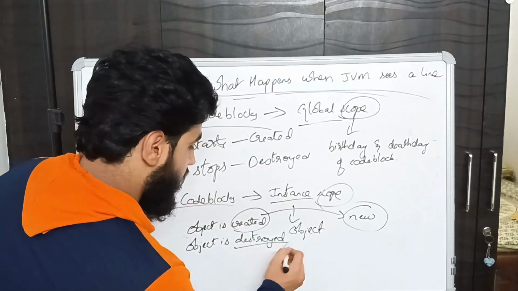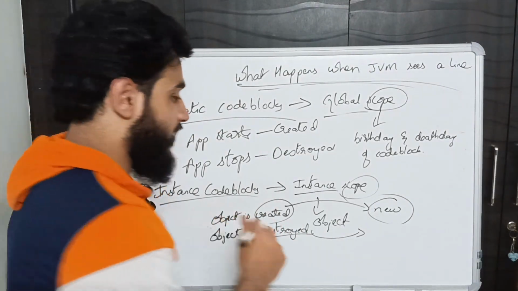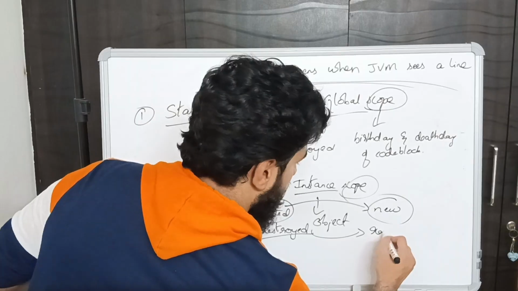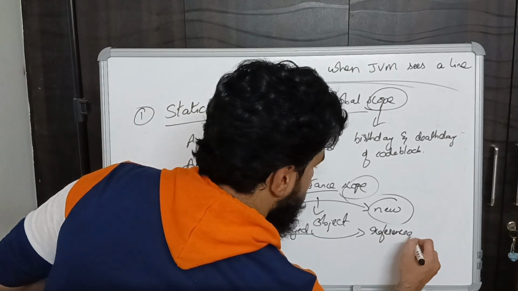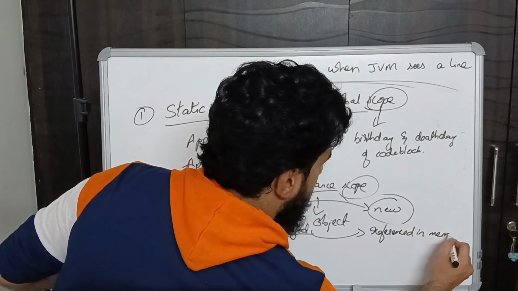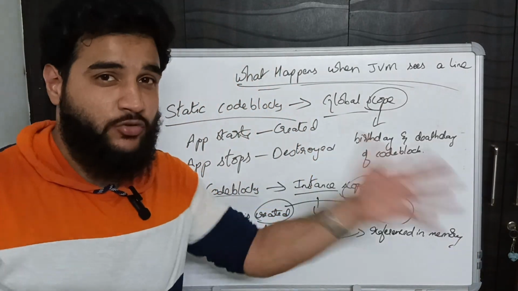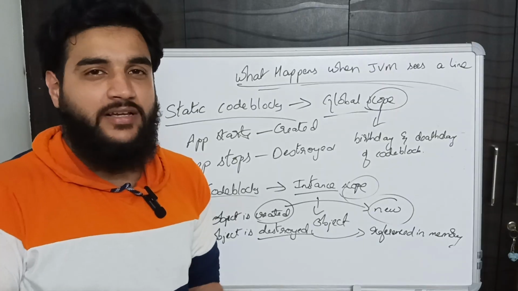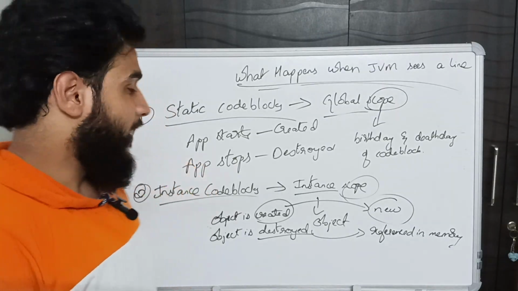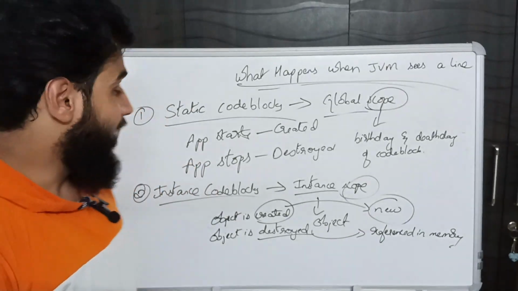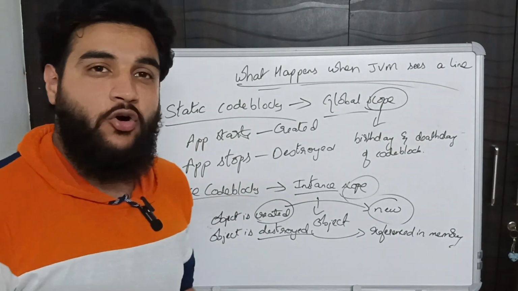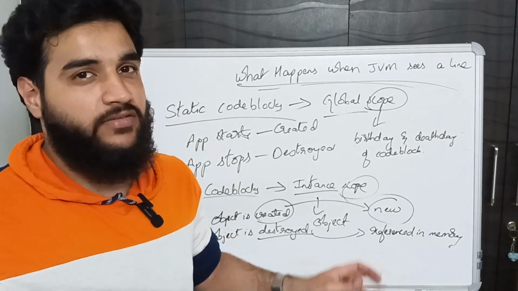When it will be destroyed, an object is destroyed when it is no longer referenced in memory. When you have no access to that object, then the JVM will clear that particular object from the memory. That is when the object is destroyed, and that is when this code block also will be detached from memory.